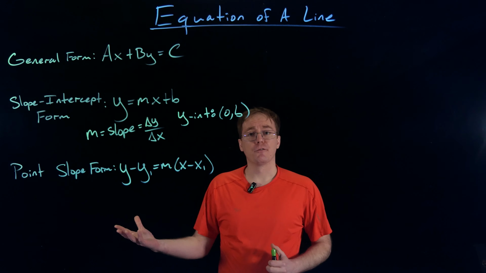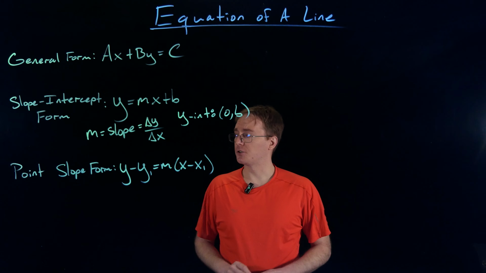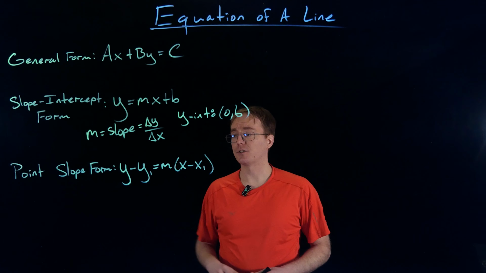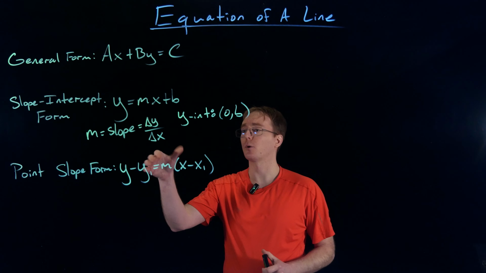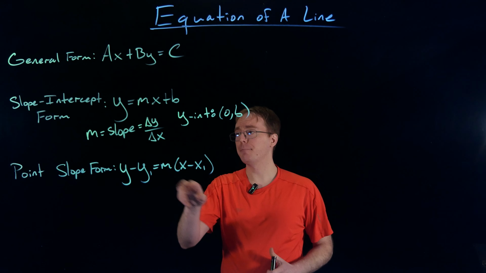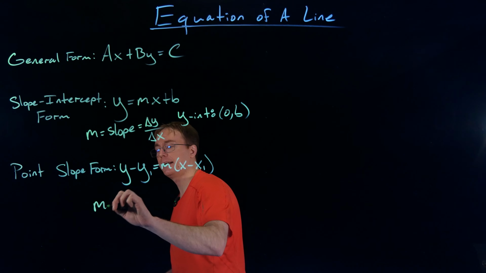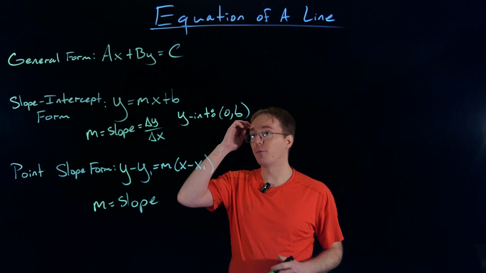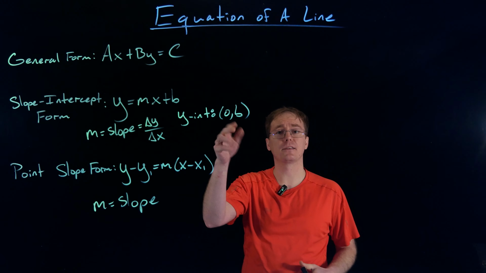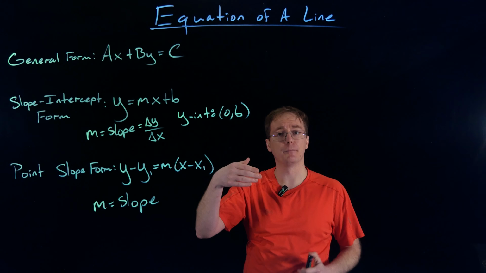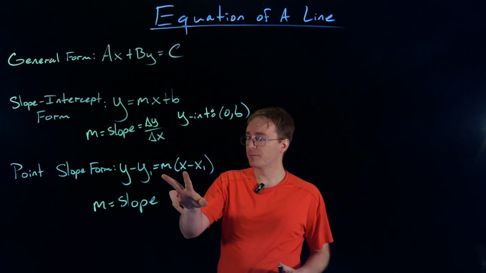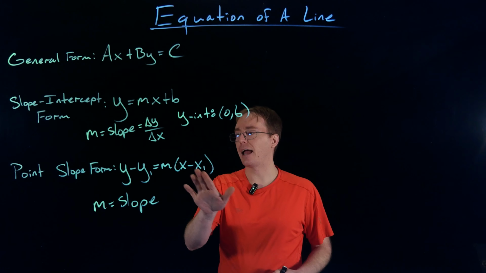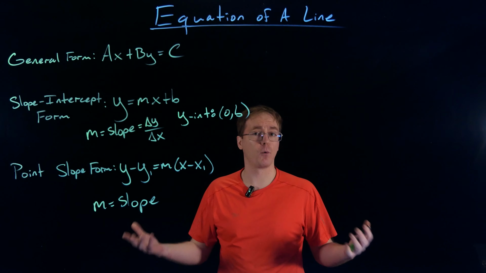So the third common form that we express our linear equations or lines in is this point-slope form. It's actually pretty similar to our slope-intercept form. m is still representing the slope of our line and is calculated in all the same ways. For the slope-intercept form, we have this very special point that our line goes through, (0, b), the y-intercept. Well, point-slope form lets this other (x1, y1) value represent a point on our line.